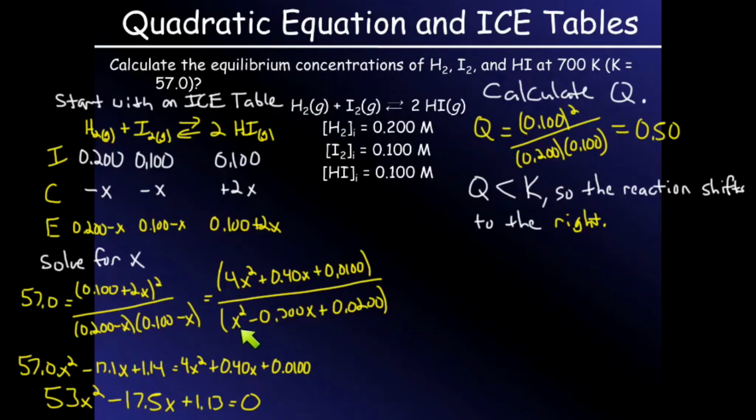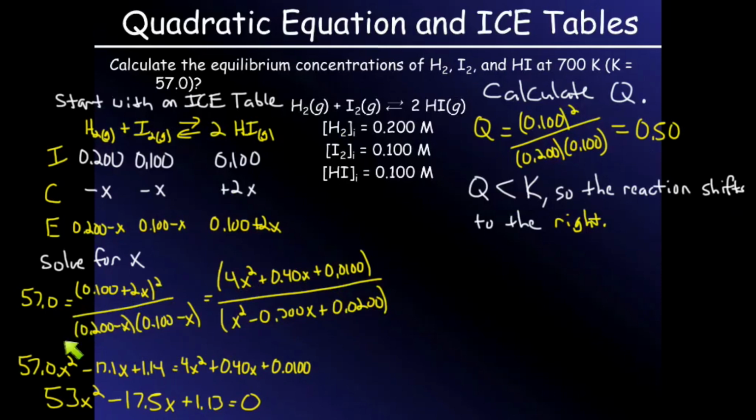We still have to come up with one expression set equal to 0 in order to use the quadratic formula, so we're going to have to multiply both sides of the equation by this denominator. When we do that, we will be left with just this on the right-hand side, and we'll have 57 times this on the left-hand side.